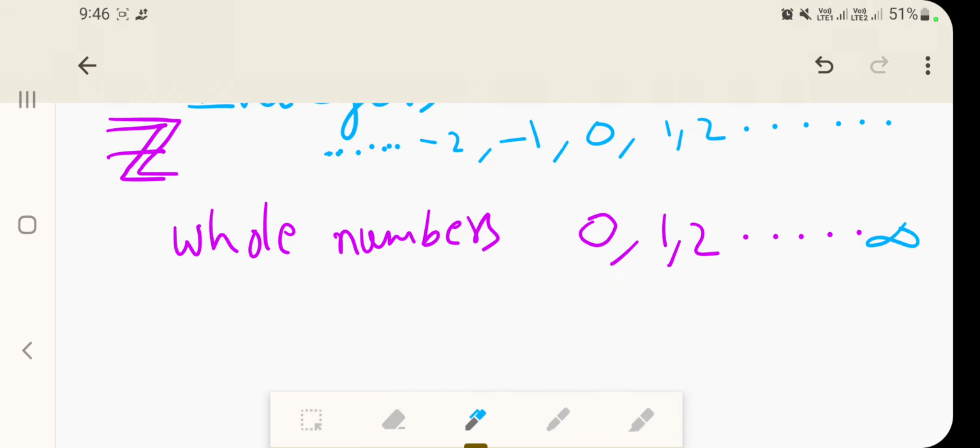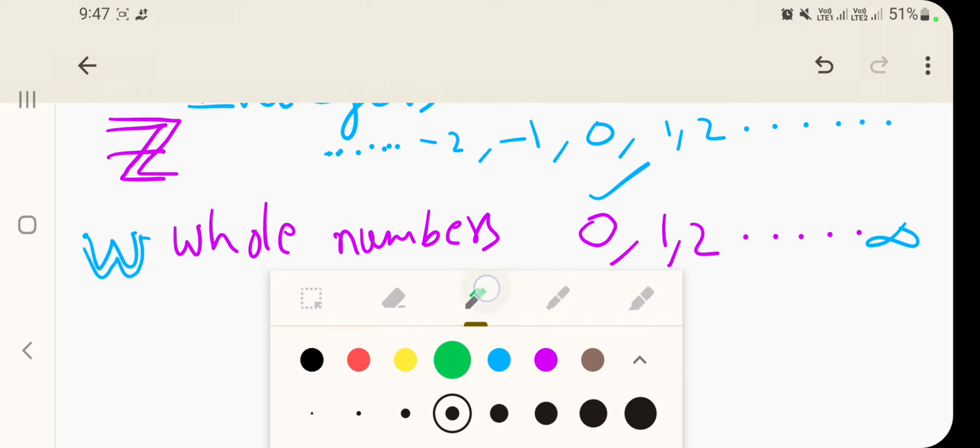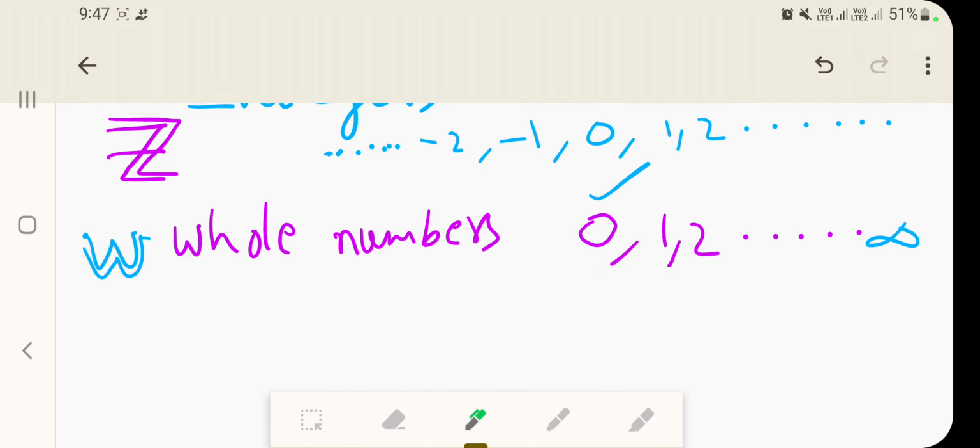The notation we use for representing whole numbers is W, with a double line. Whole numbers start from 0. Next, a subset of whole numbers is natural numbers.